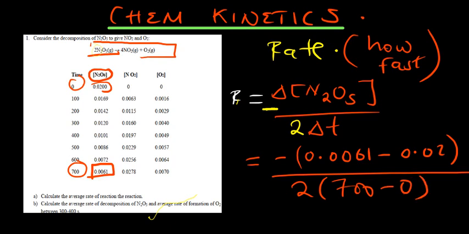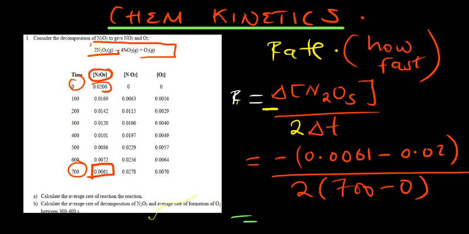Let's try to make our calculations there. We see what we're going to have. So 0.0061 minus 0.02, divided by 2, divided by 700, in scientific notation.